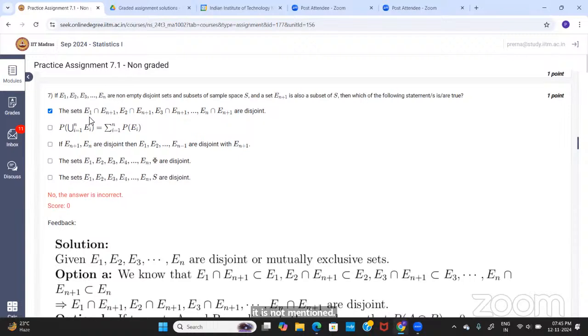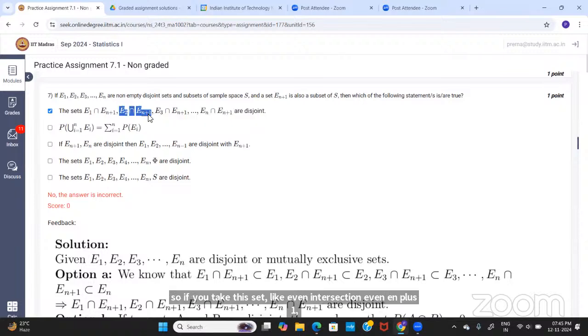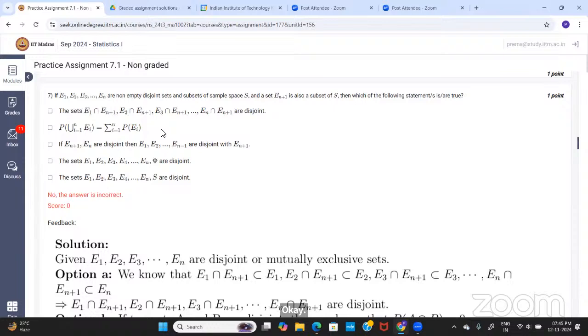Here we are taking these sets as disjoint from each other. So if you take this set, E1 intersection En+1, and then this set, these two will be disjoint from each other, because E1 and E2 are different sets.